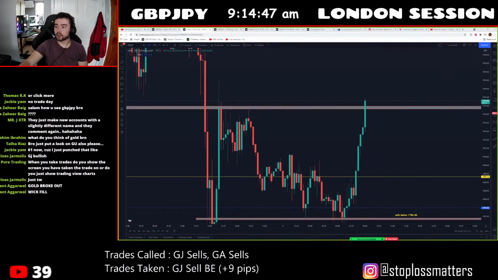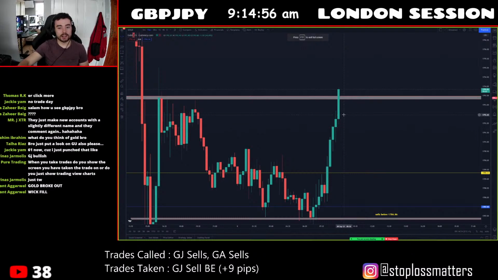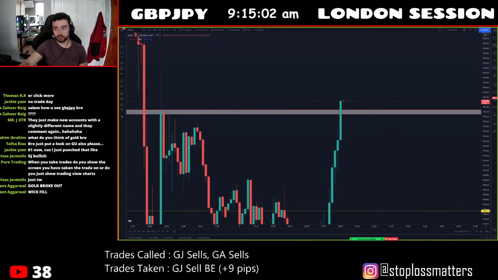There we go. Okay. So if this candle closes in 10 seconds time over here, let's just look at this. I mean, if we do get a nice lower wick and then exceed, this could be pretty nice. How big would this be?